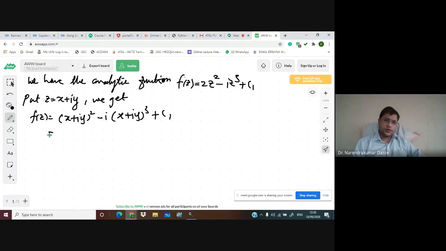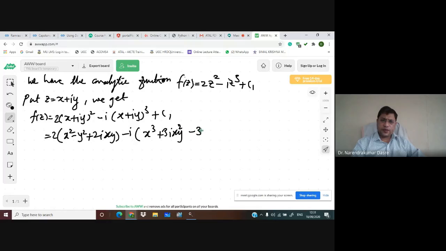The expansion gives us 2 times (x square minus y square plus 2ixy), now minus i, and the expansion of the cube gives x cube plus 3i x square y minus 3x y square minus i y cube, and plus c.